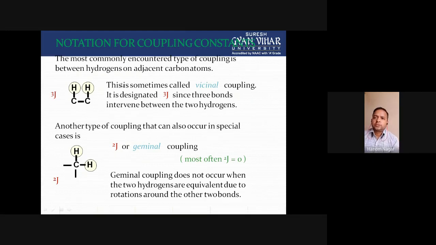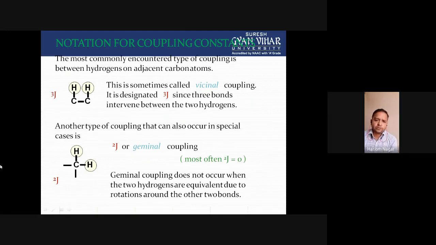Now the notation for coupling constants: the most commonly encountered type of coupling is between hydrogens on adjacent carbon atoms. This is very important. When hydrogens are present on adjacent carbon atoms, the coupling constant value will be the largest, the highest value.